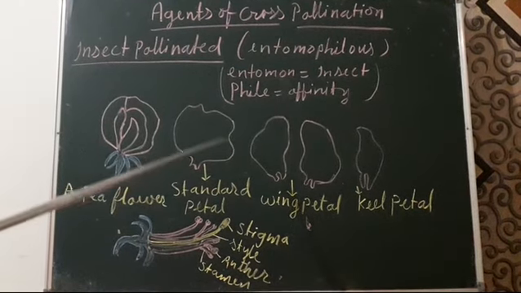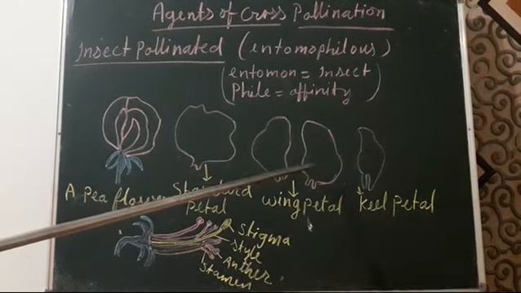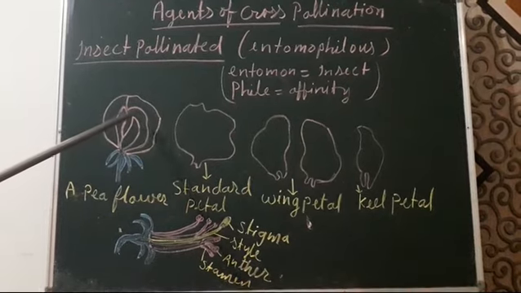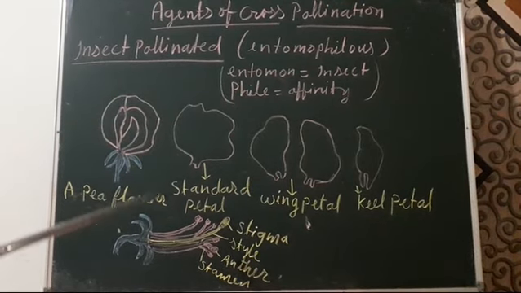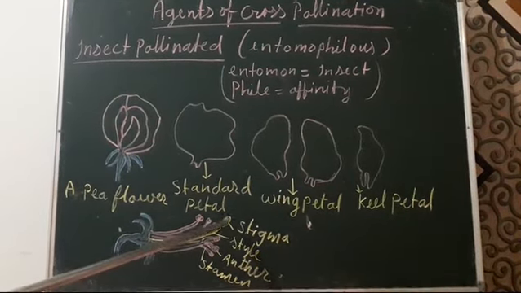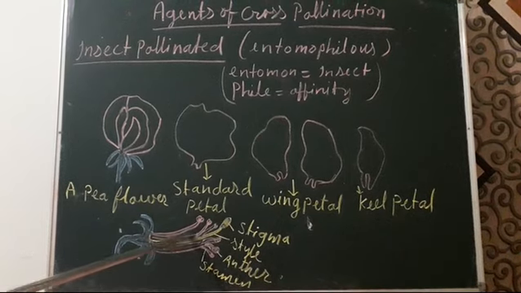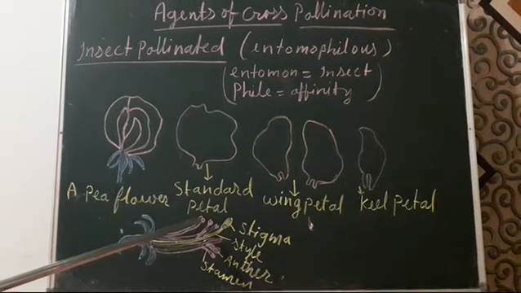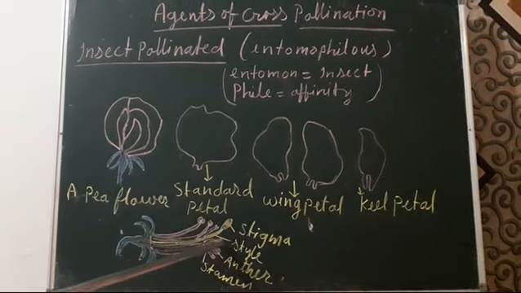So these petals, wing petal and keel petal, cover the male and female part. Stigma, style, ovary, and these are the anthers, stamen, and the staminal tube.